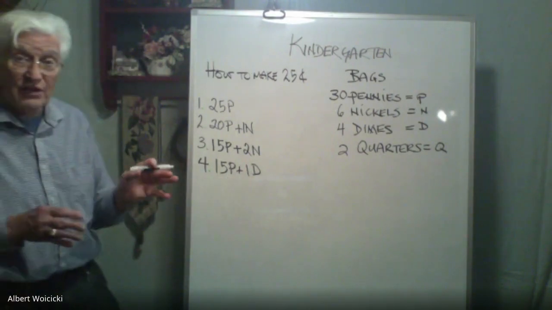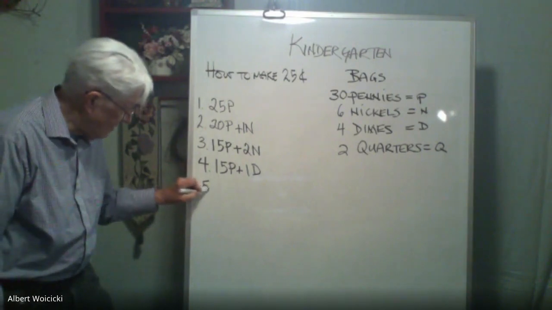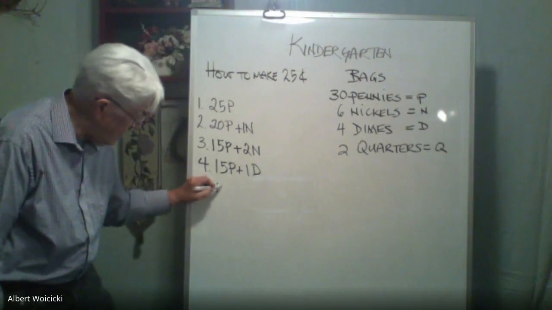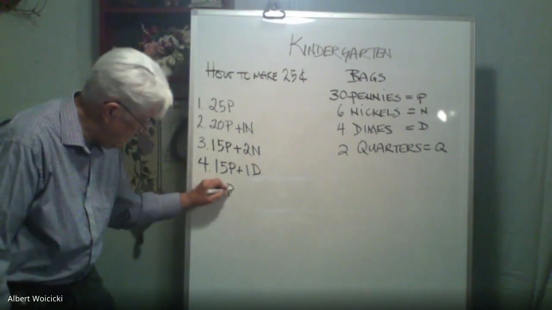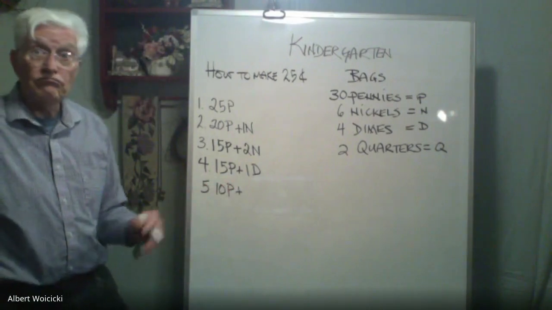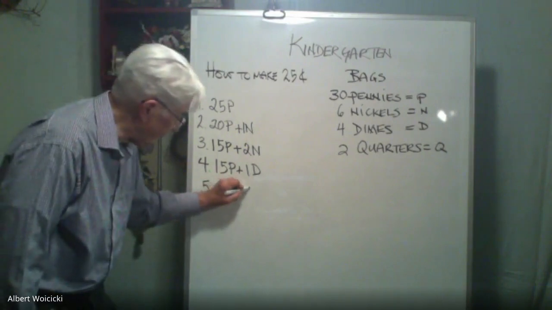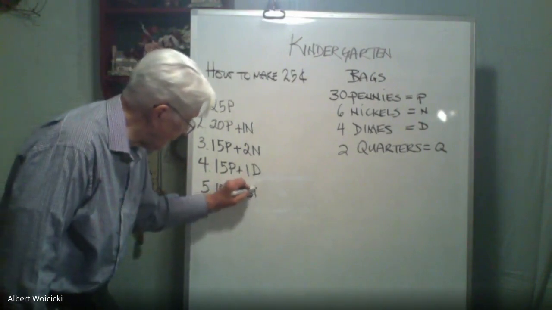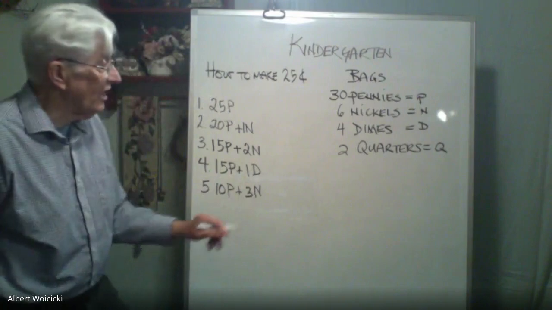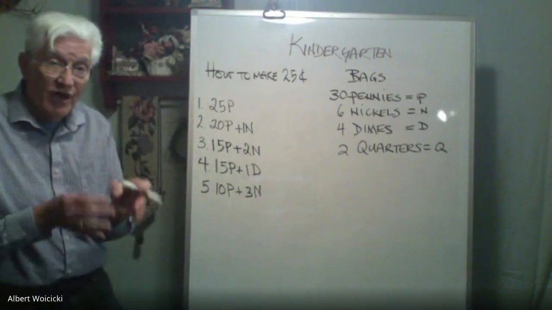Okay, so now we got 15 pennies. The next thing down is 10. So what happens when we have 10 pennies? Well, what can we do? We could have 3 nickels, couldn't we? And there's enough nickels here, the students can actually see the stuff in front of them.